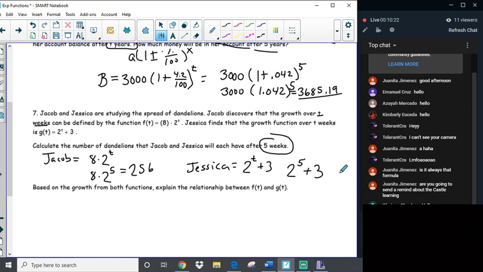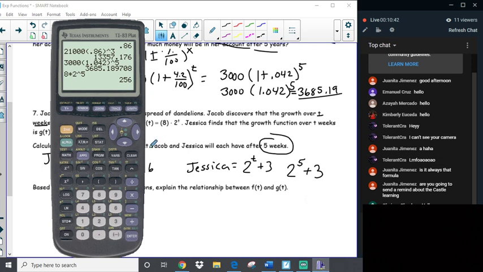Now, here is when we have to be really careful. If you have a new calculator, you'll be able to put it into your calculator and it's going to look just like that. Notice that the 3 and the 5 are not together. The plus 3 is not an exponent. If I was going to look at this in my calculator, okay, the calculator is only as smart as the person using it.